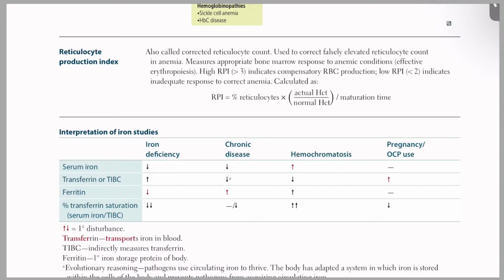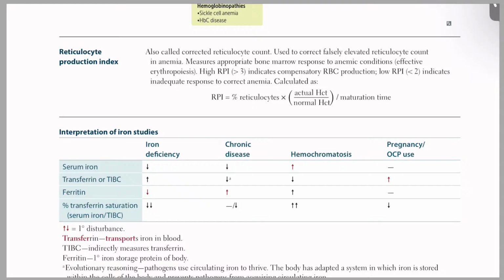High RPI, more than 3, indicates compensatory RBC production. Low RPI, less than 2, indicates inadequate response to correct anemia. Calculated as RPI equals percentage reticulocytes times actual HCT divided by normal HCT, divided by maturation time.